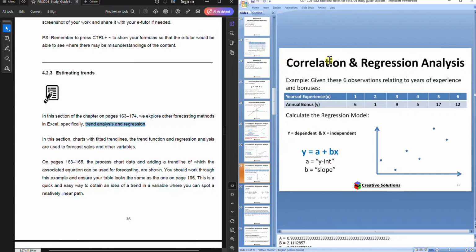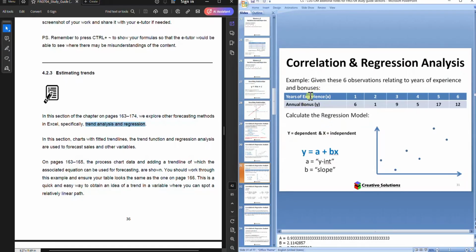In my example here, your years of experience should be an independent variable that would potentially, based on statistics, affect the amount of bonus that you get if you are working at an organization. So X is what we're observing as independent.